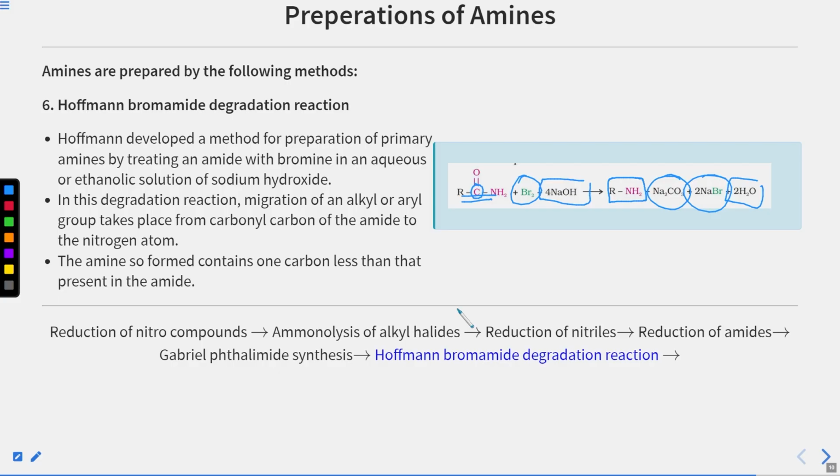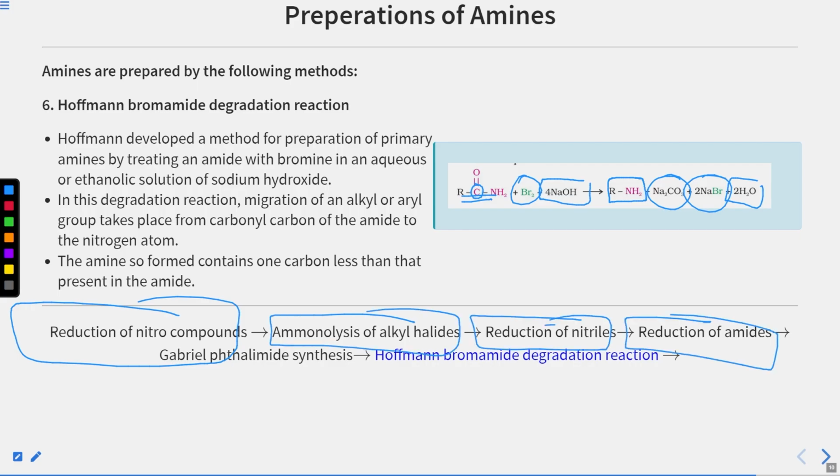So in today's class, we have seen various methods that can be used for the preparation of amines, starting from the reduction of nitro group, ammonolysis of alkyl halides, then reduction of nitriles, reduction of amides, and Gabriel phthalimide and Hoffmann degradation.